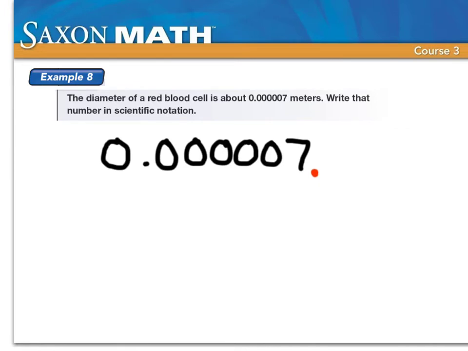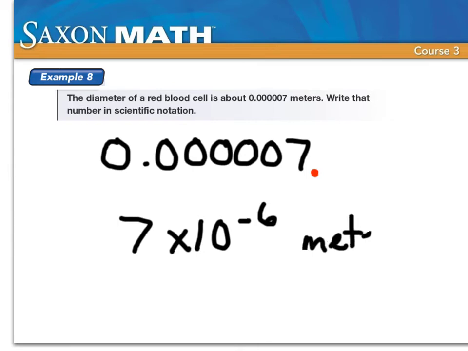So my first number I'm going to write down is 7. I'm going to put times 10. And I need to figure out how to move the decimal to get to the number I started at. So I would move it 1, 2, 3, 4, 5, 6 places to the left. Since I would move it to the left, it's a negative exponent, and it's 6 places. Okay?